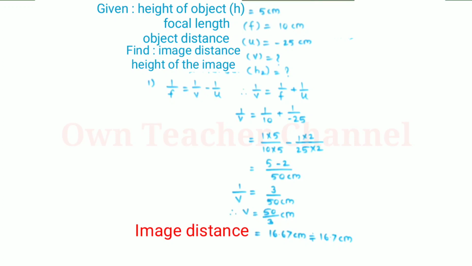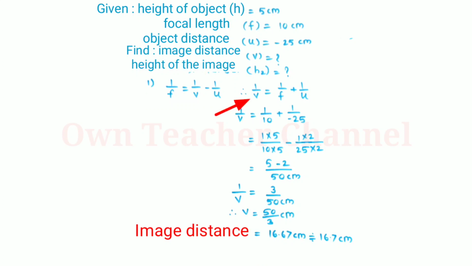And we have to find out image distance v and height of image h2. So our formula is 1 upon f is equal to 1 upon v minus 1 upon u. Therefore, 1 upon v is equal to 1 upon f plus 1 upon u.